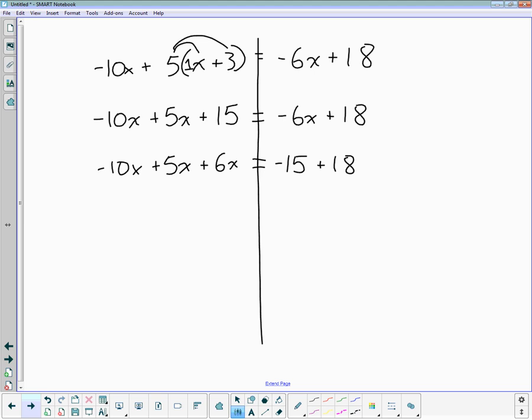Whenever it goes from one side of the line to the other side of the line, it switches signs. So if it was a positive on the left, it becomes a negative on the right. If it's a negative on the left, it becomes a positive on the right. It just switches.